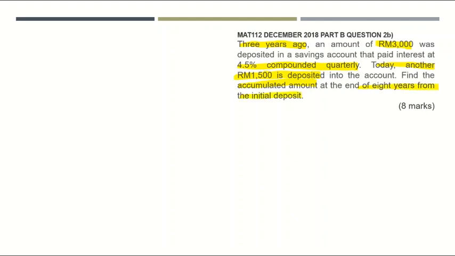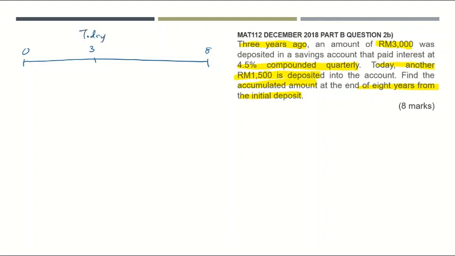So the total duration is 8 years, here from 0 to 8. Today is 3 years after the first initial deposit. So here is today.